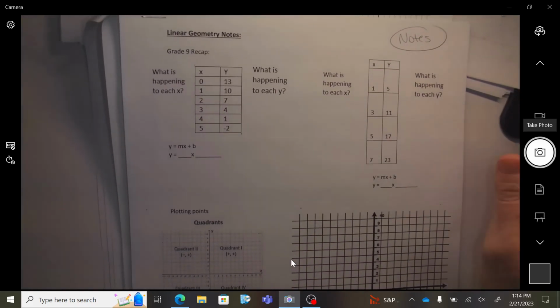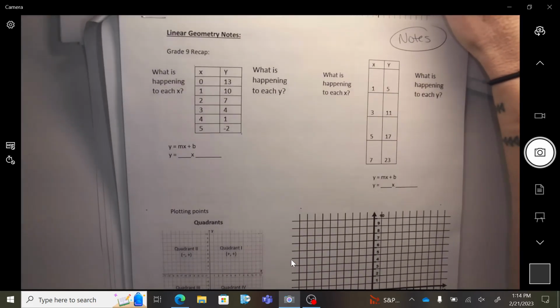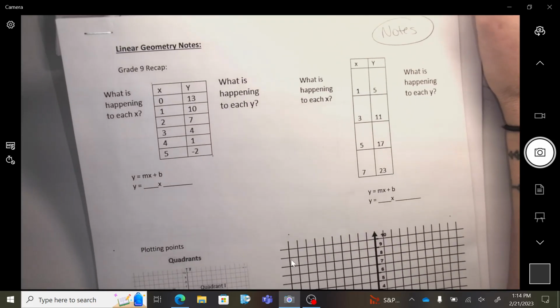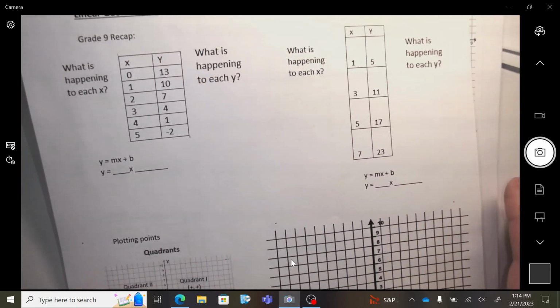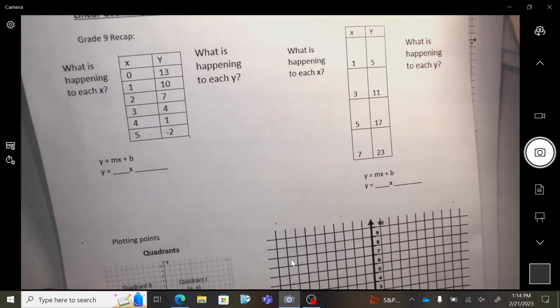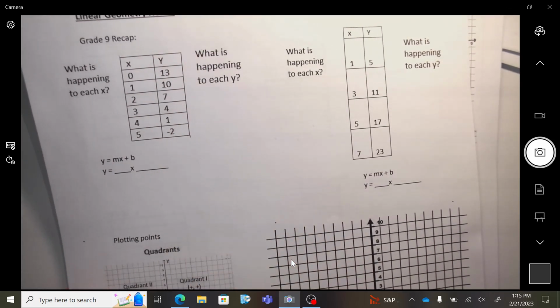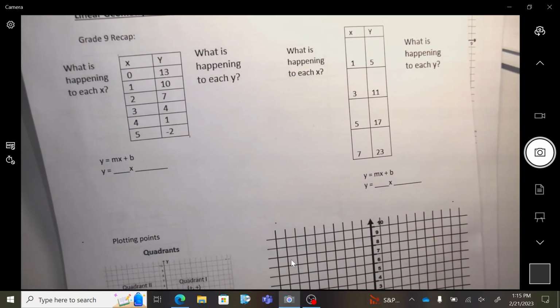Okay, grade 9, you had a little bit of an introduction to linear equations. So this is something of what you did in grade 9. Okay, let's look at the chart here. What's happening to x and then what's happening to y?